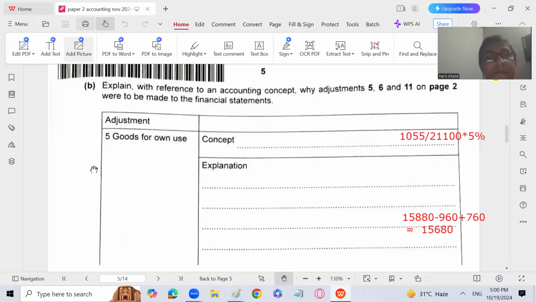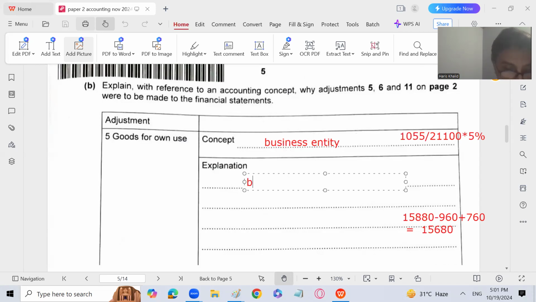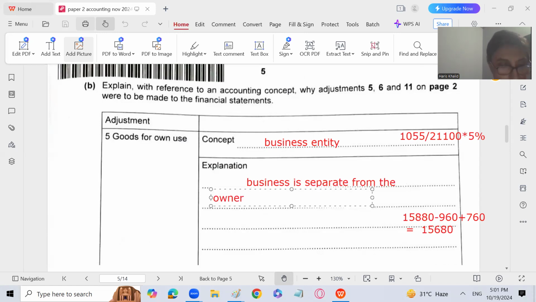I repeat again, goods for own use. The concept is business entity concept. The business entity concept says that the business is separate from the owner.